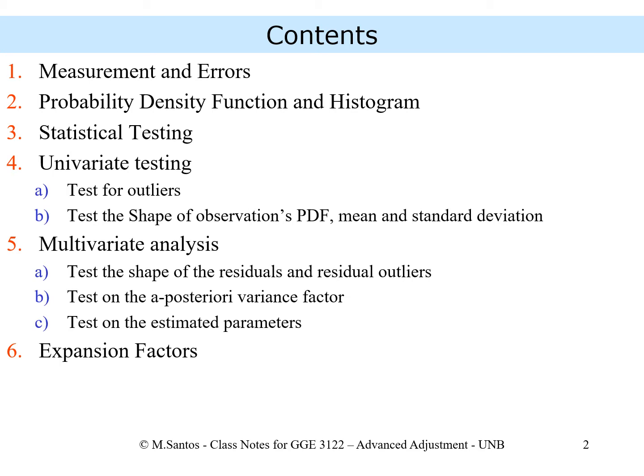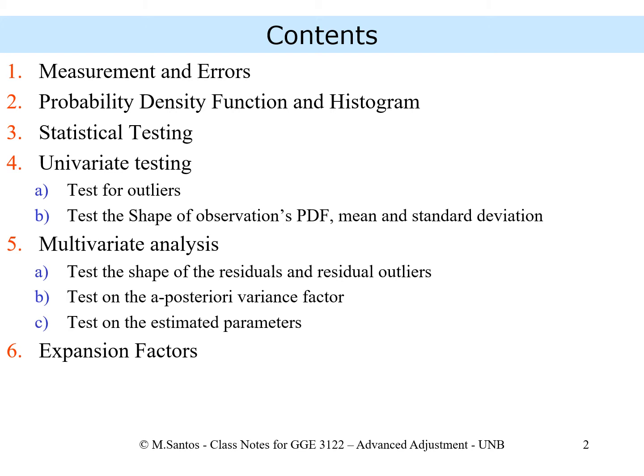We can test the a posteriori variance factor, and to have a good discussion, we need to have a good understanding of the meaning of this test when we compare the statistical equivalence between the a priori and the a posteriori variance factor.